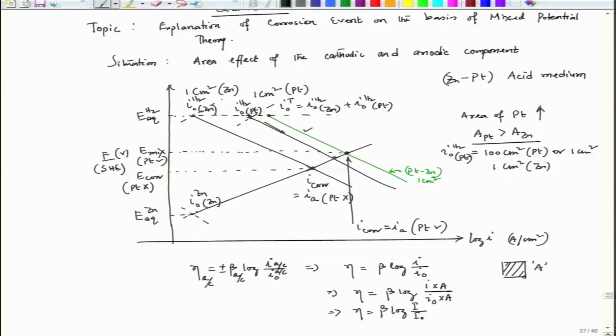Now, if we try to plot log capital I instead of log small I, we will be able to understand this particular corrosion event of the active component because of the increase of area of the cathodic part.